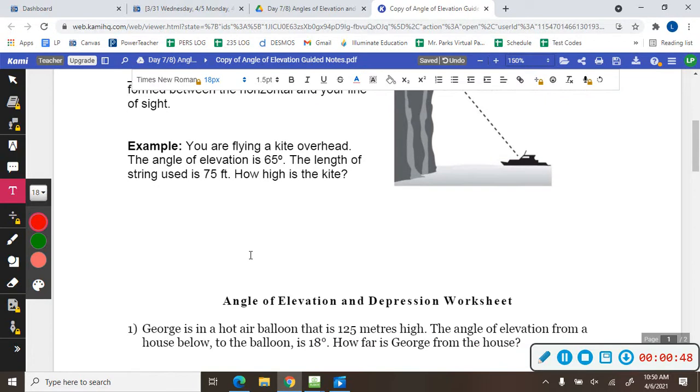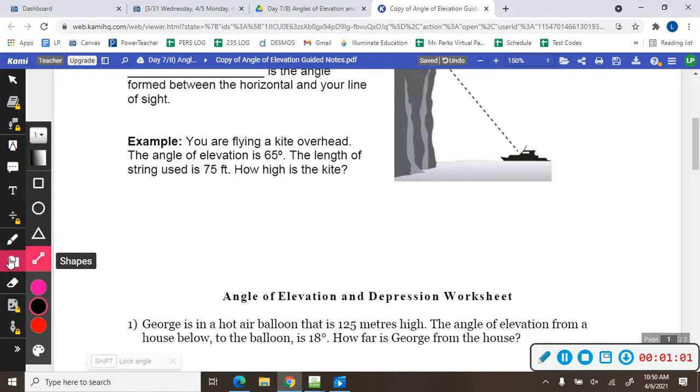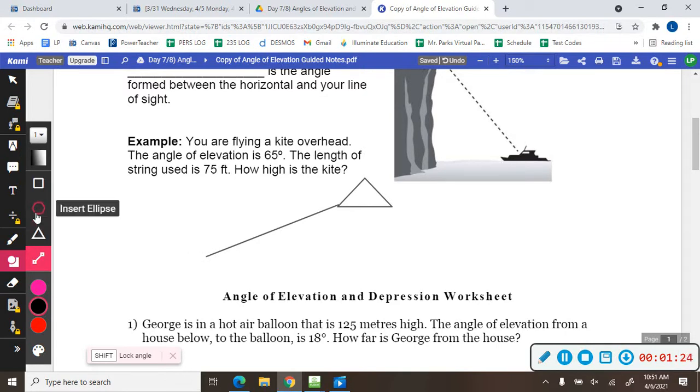So here's an example. You are flying a kite overhead. The angle of elevation is 65 degrees. The length of the string is 75 feet. How high is the kite? If I wanted to draw real fast a kite possibly, let's say this is my kite, and there's a string. And then you are flying the kite overhead. So let's say this is you.